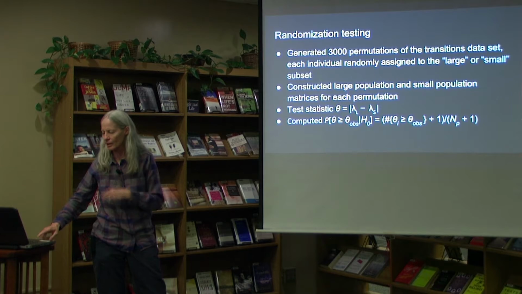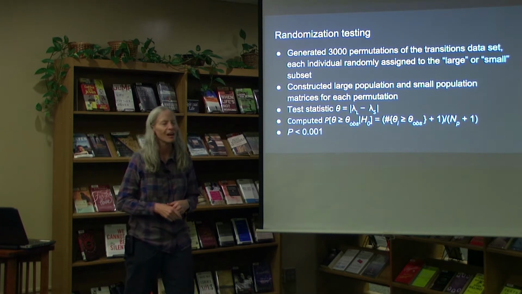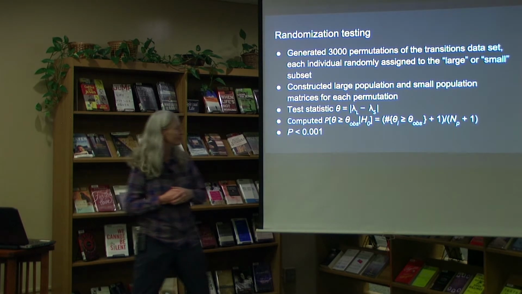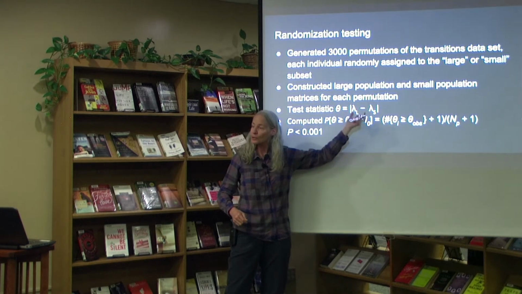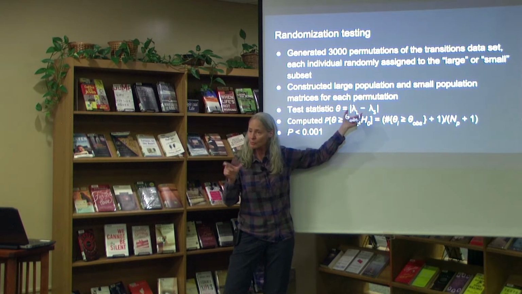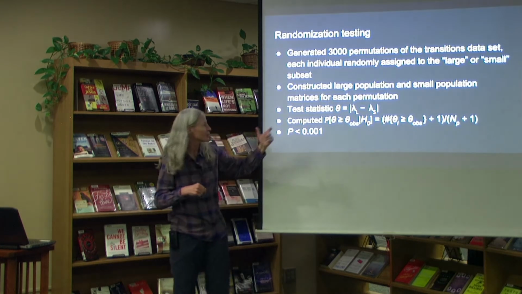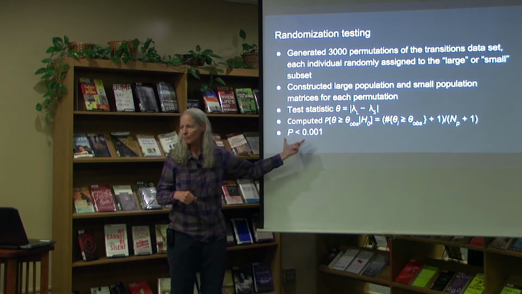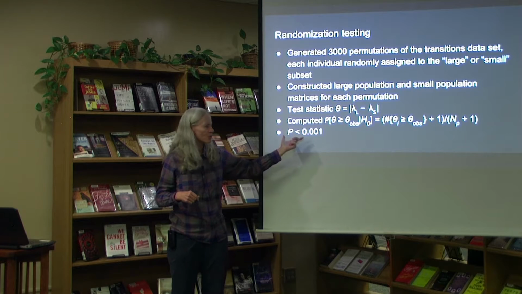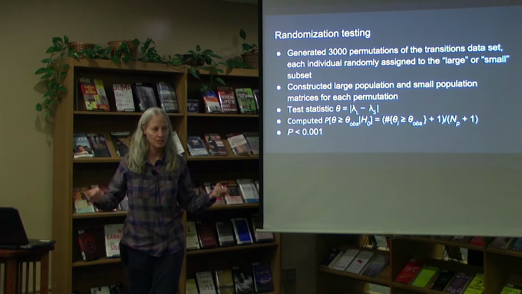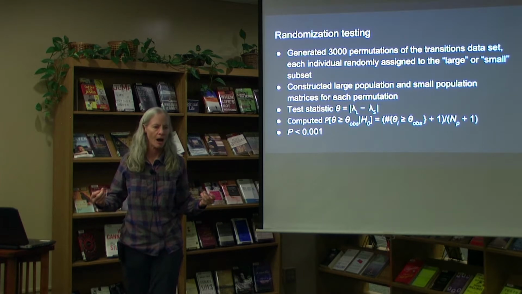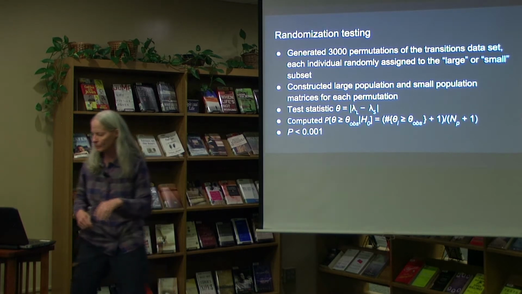There's a lot of math, not complicated, but stuff you don't really need to know. My test statistic was the difference between those 2 population projections. And it turns out that there was a p-value of 0.001. It's very unlikely that I would get as much difference as I actually saw based on my results.